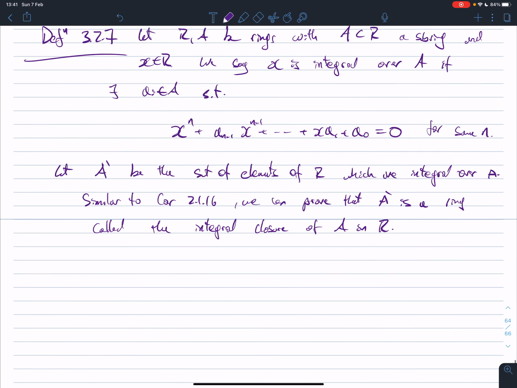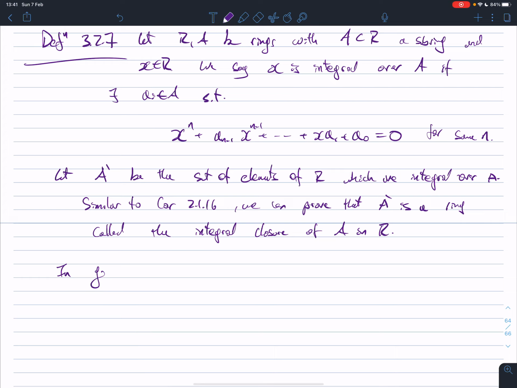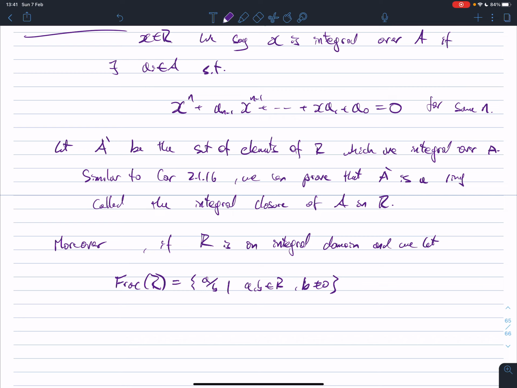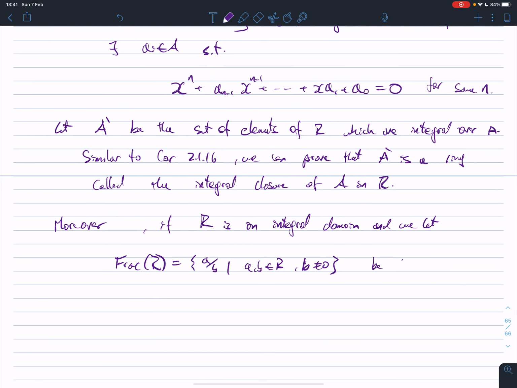And more generally, let's continue with this definition. Moreover, if R is an integral domain, and we let Frac R, as usual, denote the fraction field of R, the set of all elements a over b such that a, b are in R and b is different from 0, so it's just the smallest field which contains the elements of R, the field of fractions.